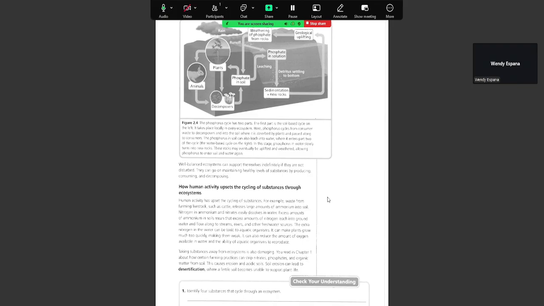rocks that contain phosphate are eroded by rain and wind and other geological processes. When that happens, phosphate becomes part of the soil, and it becomes part of new rocks that form.